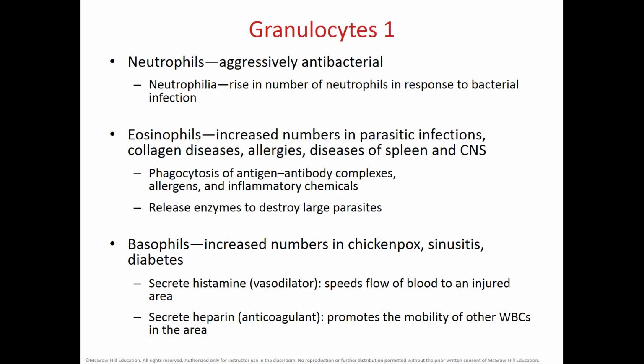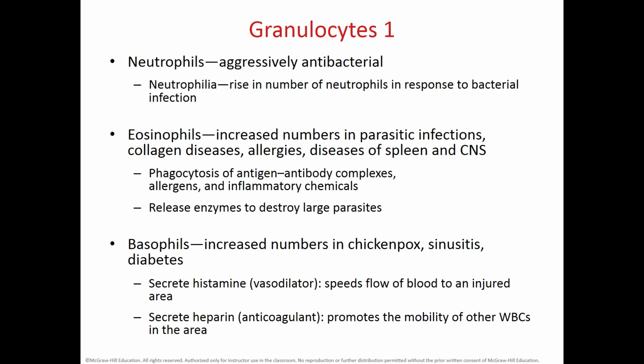Also, they increase in number when someone has allergies or diseases of the spleen or the central nervous system. Functions of the eosinophils are to phagocytose antigen-antibody complexes, also to phagocytose allergens, and they release inflammatory chemicals. They also release enzymes to destroy large parasites.